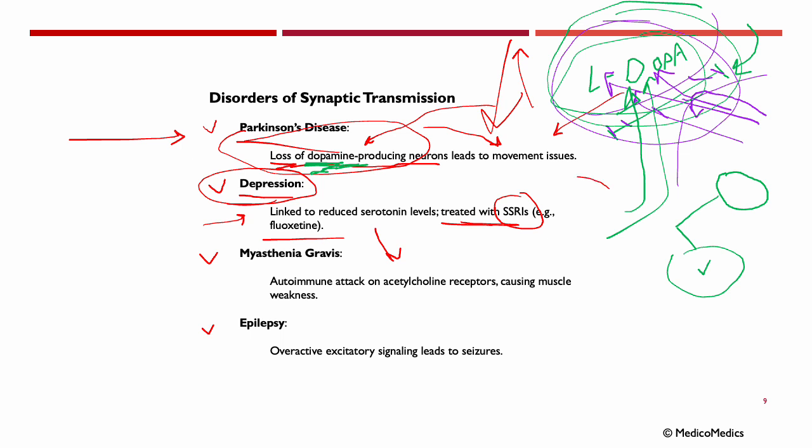Now, you may wonder, why do we give something called selective serotonin reuptake inhibitors? Because that's what SSRI stands for. It's in the name, reuptake inhibitor. If you remember from previous slides, we talked about the presynaptic neuron, and then we had the postsynaptic neuron. We had the release of these neurotransmitters, serotonin in this case.